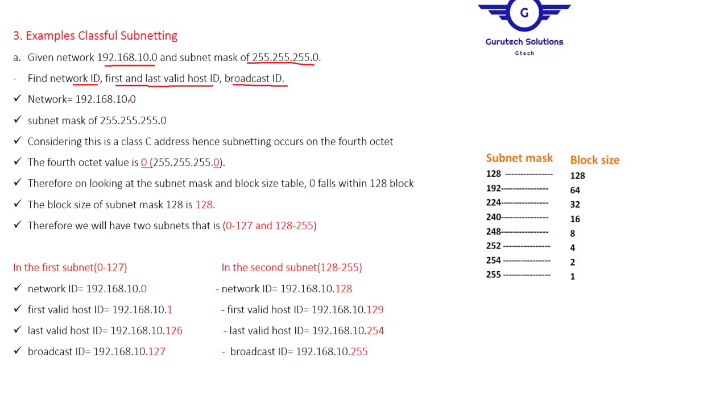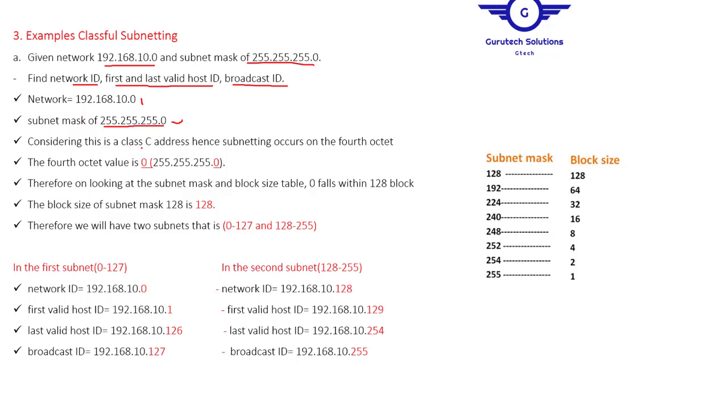We see that this is the network ID, the network address that has been given, and this is the subnet mask. So we use the IP address and the subnet mask to do subnetting. The subnet mask is the roadmap that helps us to do subnetting. So let's start analyzing this case study.